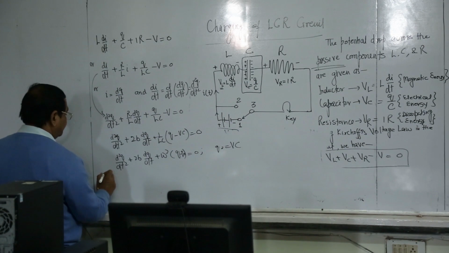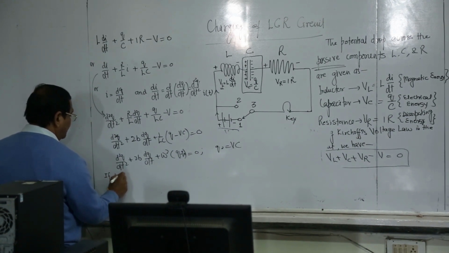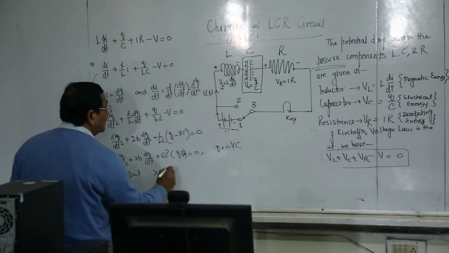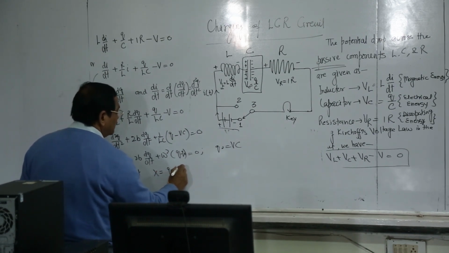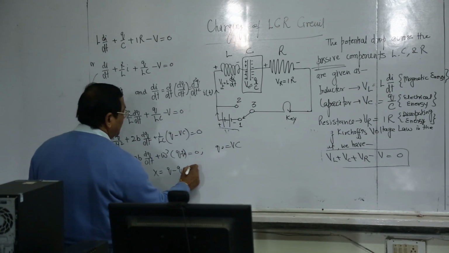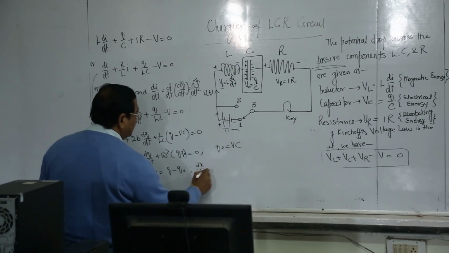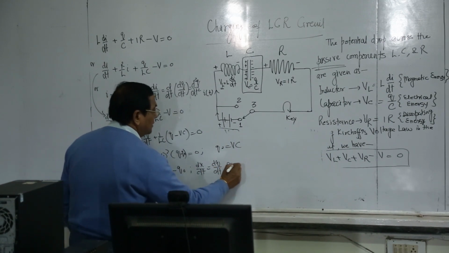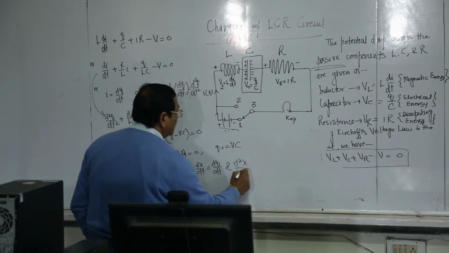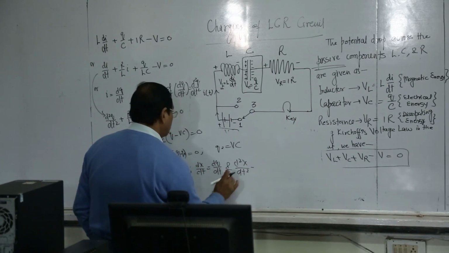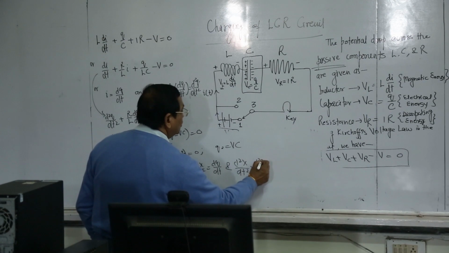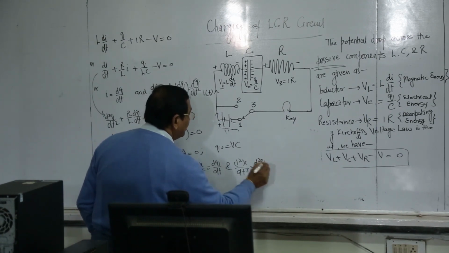If we put x is equal to q minus q0, then dx by dt is equal to dq by dt and d2x by dt square is equal to d2q by dt square.